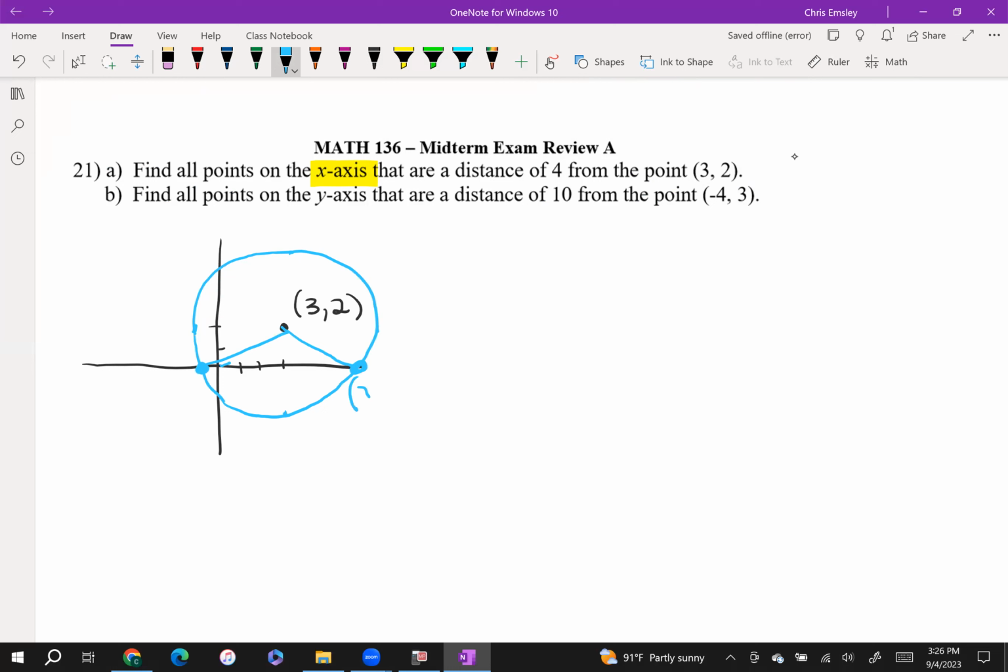We don't know the x value, where on the x-axis that is exactly. That's what we're trying to find out. But we do know if it's on the x-axis, it has to have a y value of 0. So we're going to use the distance formula. We know the distance has to be 4, and we know these are our 2 points. That's going to set up an equation for us. So here is the distance formula, just in case you don't remember it.